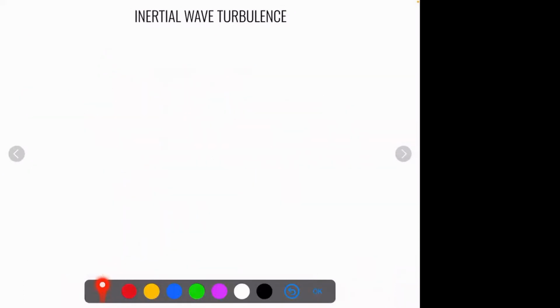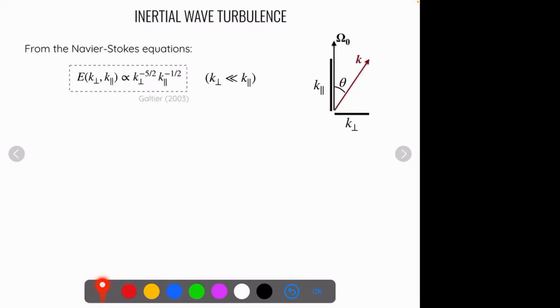The nice thing with wave turbulence is that, contrary to the Kolmogorov three-dimensional isotropic turbulence, you can really take a certain asymptotic limit of the Navier-Stokes equation and derive a spectrum for the kinetic energy of the flow as a function of the wave number.